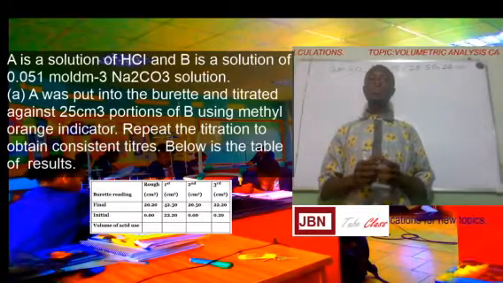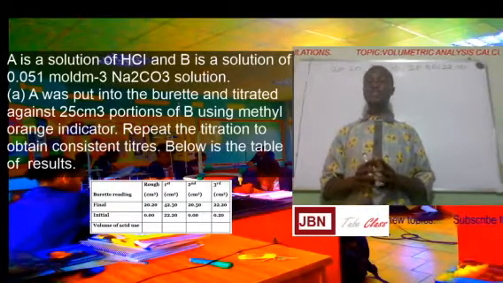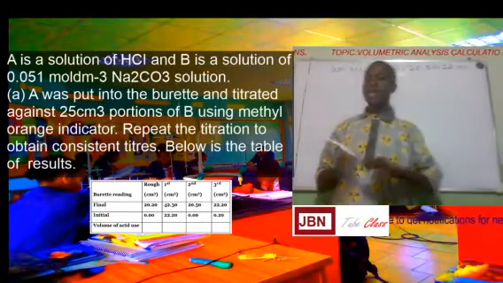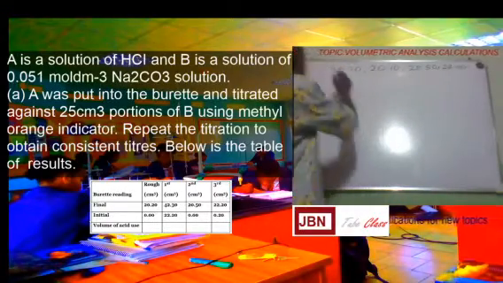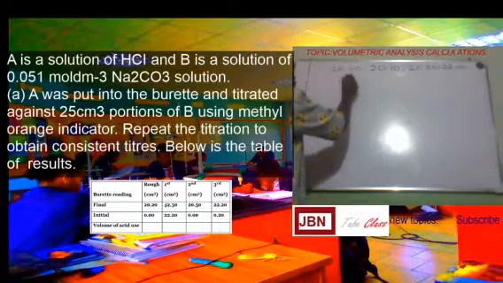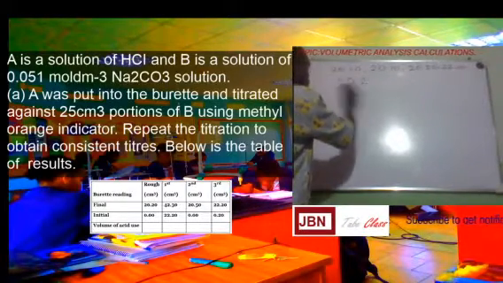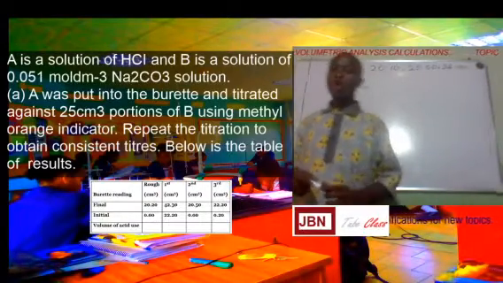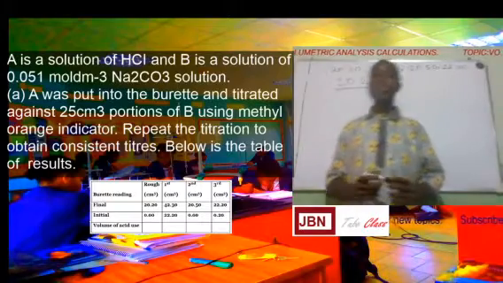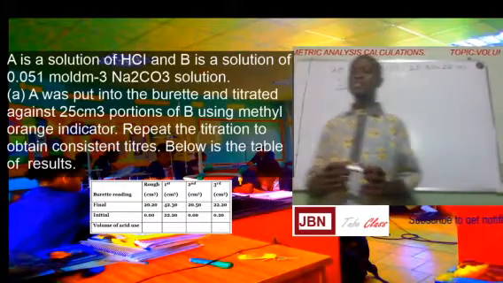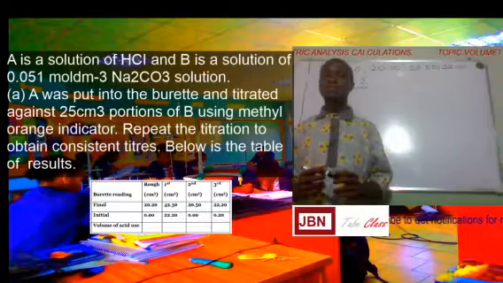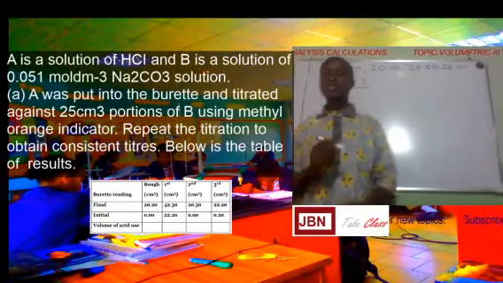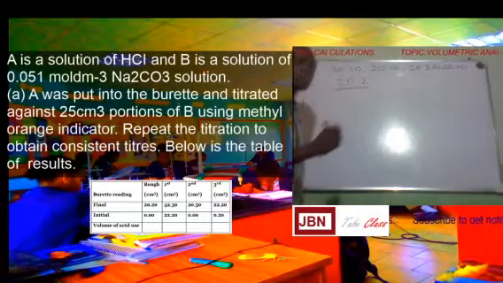When we talk of concordant values, these are values that their difference are not more than plus or minus 0.2. So values that are no more than plus or minus 0.2 are referred to as the concordant values.